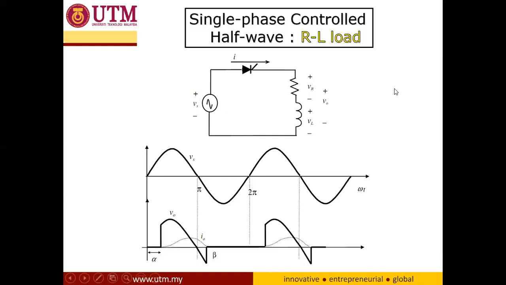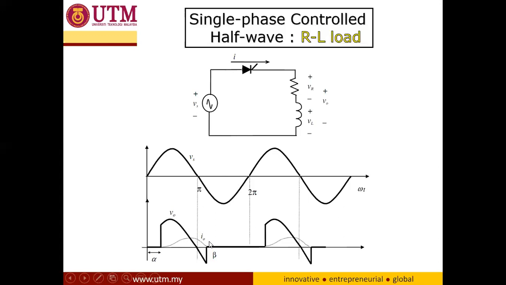Next is the single phase control using a thyristor half wave, but right now it is connected with an inductive load or RL load. This is the voltage source waveform, and the second graph shows the output voltage and also the current.